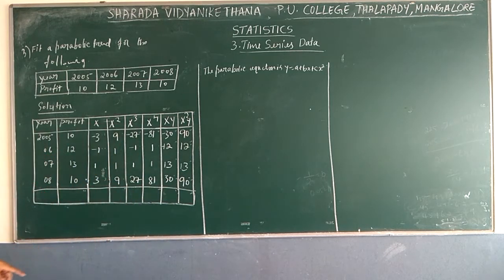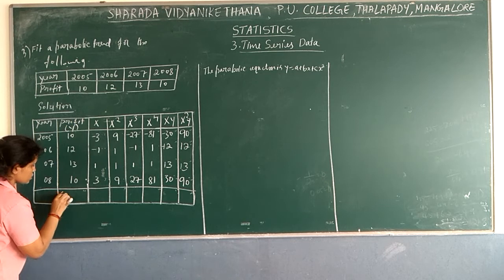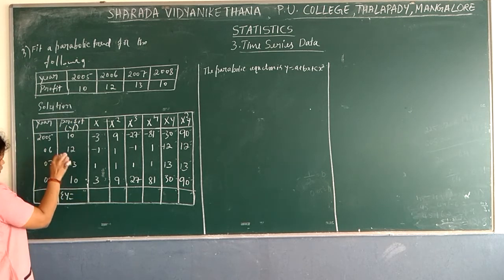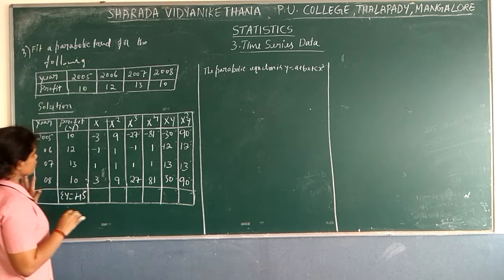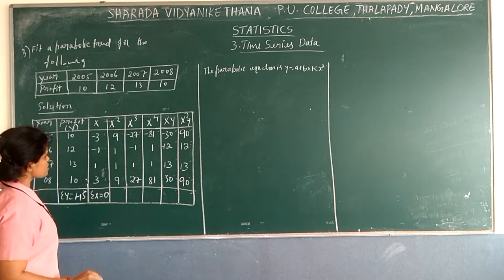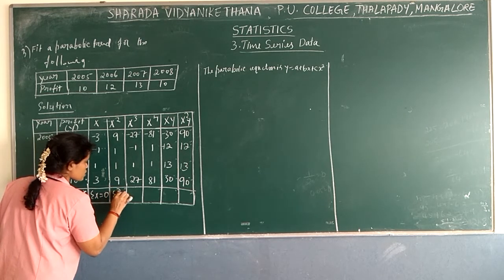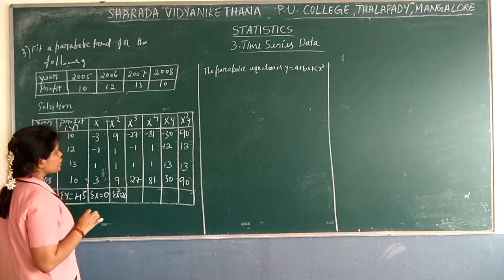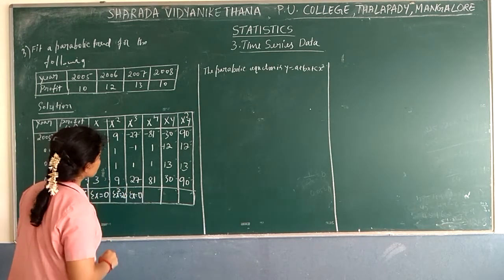Now total the columns. Sigma y is equal to 45. Then sigma x is, as always, 0. Sigma x square is equal to 20. Sigma x cube is once again 0.